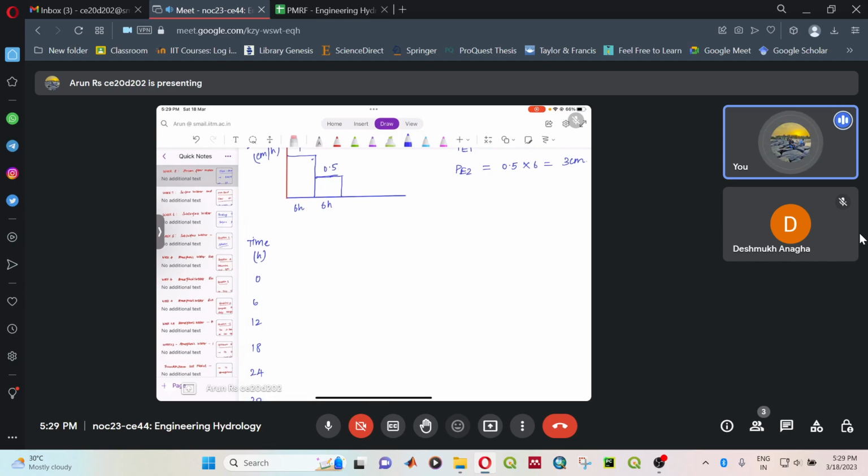And we have the 6-hour unit hydrograph ordinate from the previous calculations.